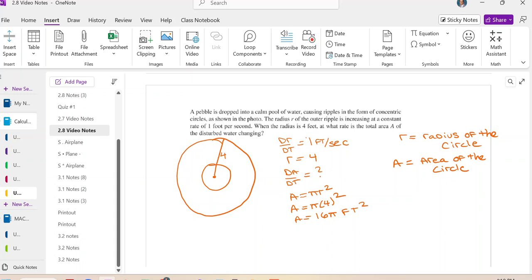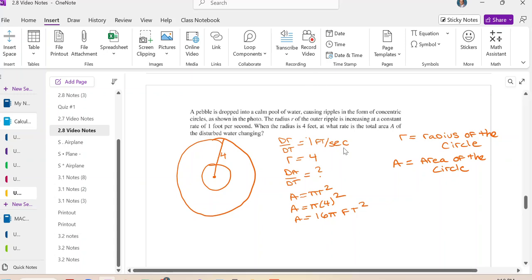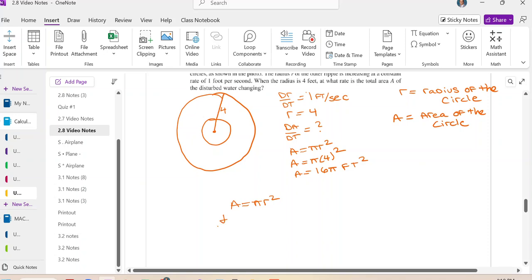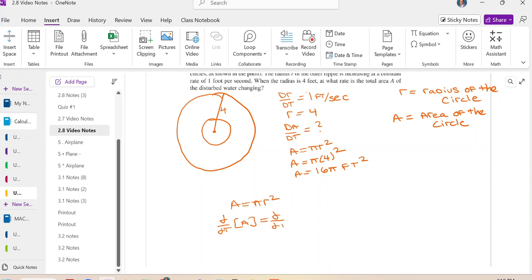All right, so now in order to solve this problem and find the rate, we have to take the derivative of the area formula. When we take the derivative with respect to time, we get dA/dt equals 2 pi r dr/dt.